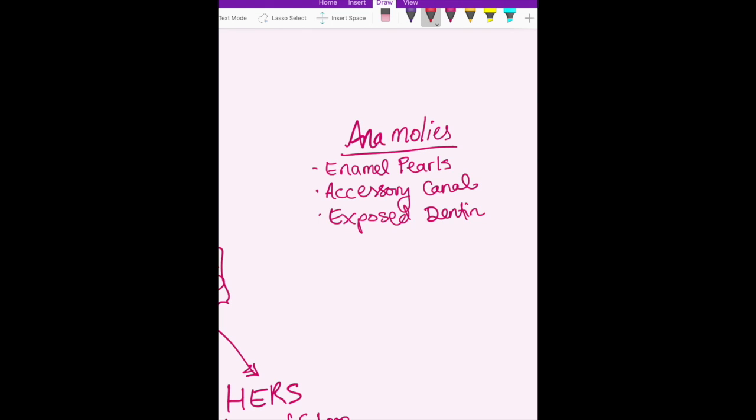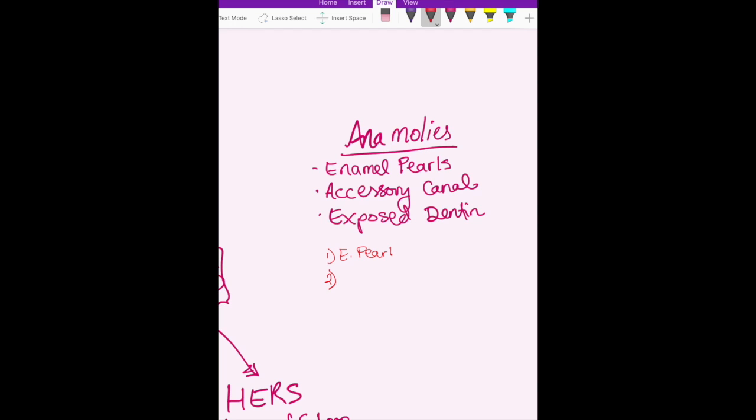Let's start with the first one, enamel pearl. If you have an interruption in the root sheath development, you will get some type of anomaly.